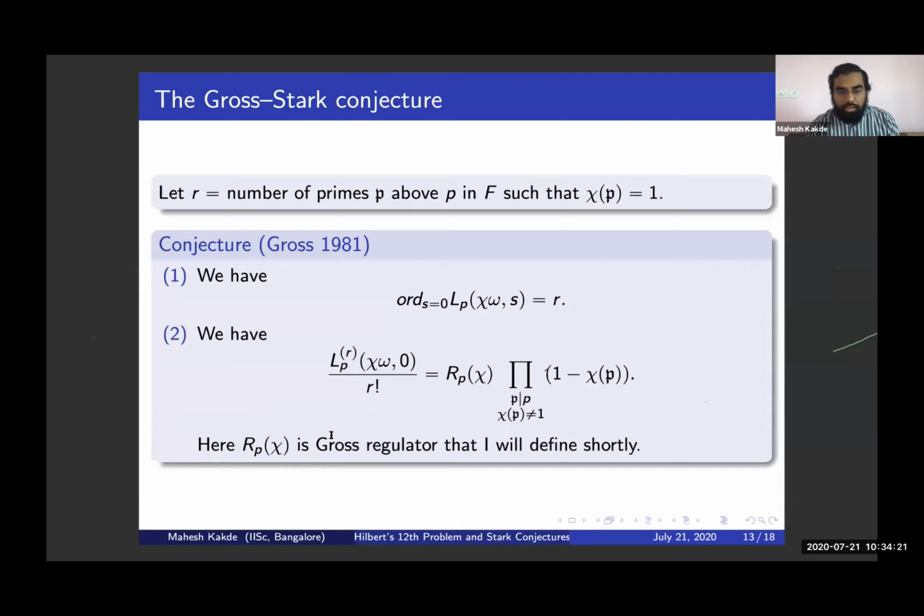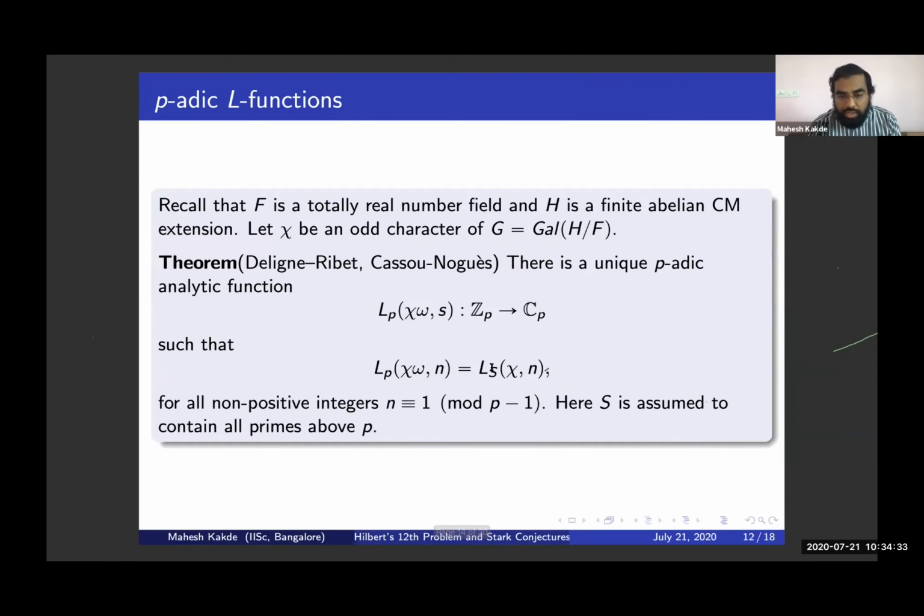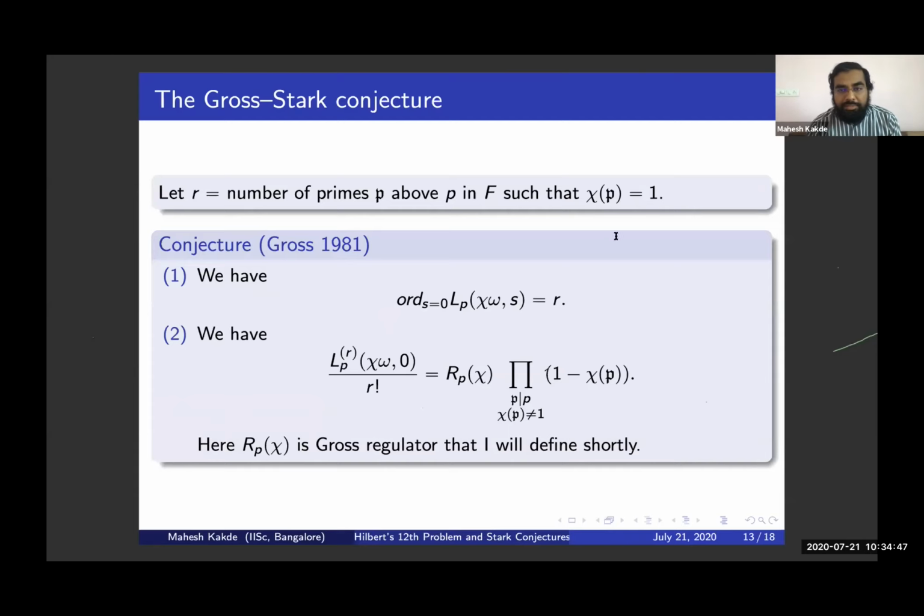So Gross made two conjectures about this. One was about the order of vanishing. Here this S, remember the definition of the L function: you remove all Euler factors at primes in S. And so in fact, you can show that whenever there is a prime above p that splits in H, so chi of P is 1, this L function is 0 at s equal to 0.